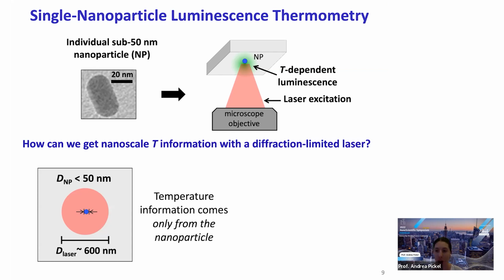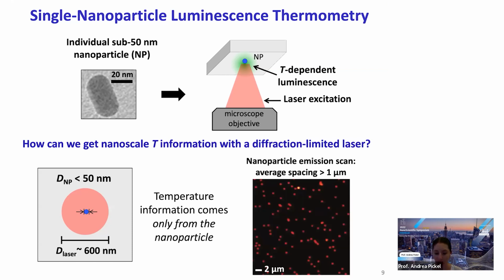And so as long as we're sure that we're only probing one single particle at a time, then the spatial resolution of our temperature measurement is governed by the nanoparticle size. And when we perform these measurements, we ensure that the nanoparticles are spaced sufficiently far apart on average such that their diffraction limited emission spots don't overlap.